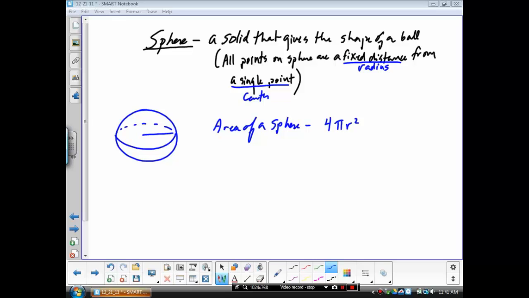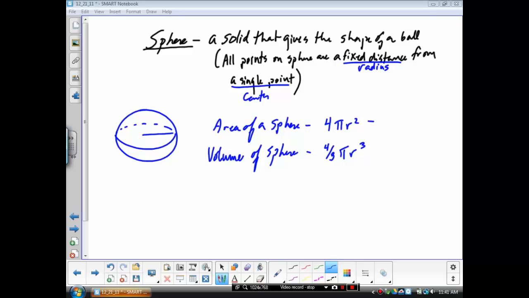The volume of the sphere is in cubic units. It's basically how much sand that ball would hold. Okay? The volume of the sphere is 4/3 pi r cubed. That's the volume, and it's cubic units.